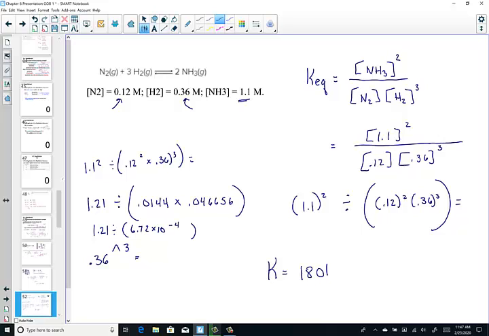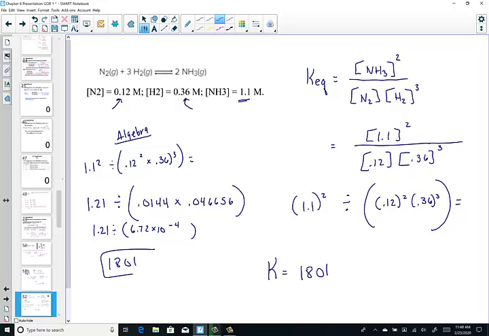So that was me just simplifying inside the parentheses. Now I can do 1.21 divided by that previous answer, and that's how I found 1801 as my answer. Now all of that can simply be done on your calculator. I just wanted to show the algebra for those who wanted to see it worked out in detail.